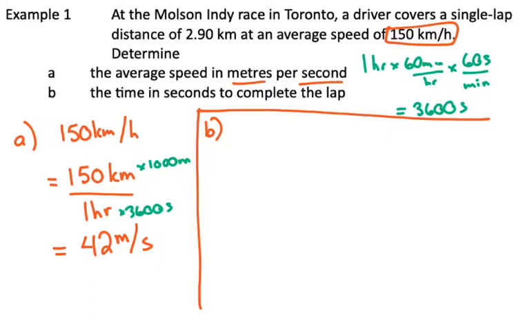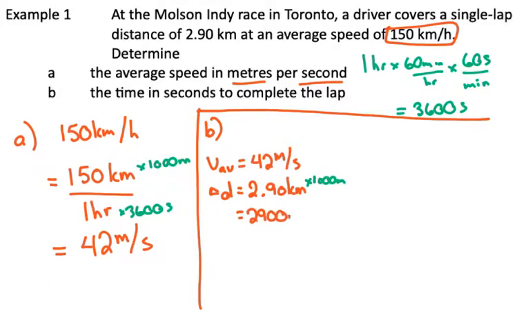So what we know is that the average speed, we just found that in A, is 42 meters per second. We also know the distance that this race car traveled at 2.90 kilometers. But with any calculation in science, we do need to take that to standard units, which would be meters, which would give us 2,900 meters.